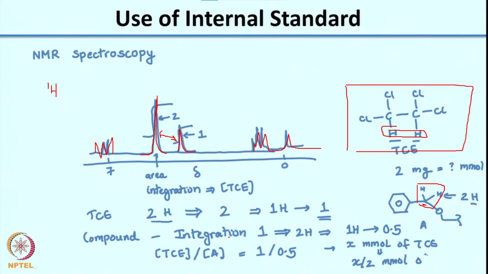So with respect to the internal standard, we can say 1 is equal to 2 protons. If 2 protons is equal to 1, that means 1 proton is equal to 0.5, right? 0.5.